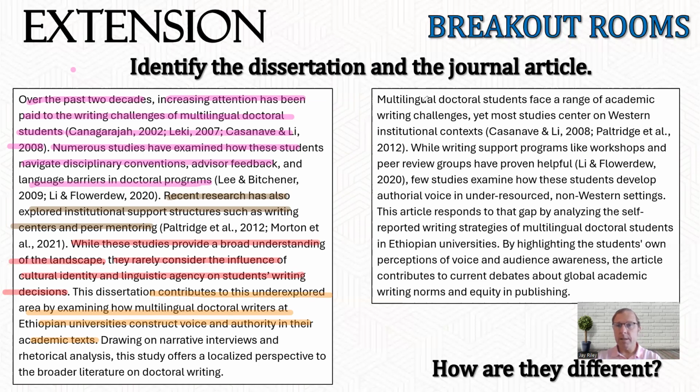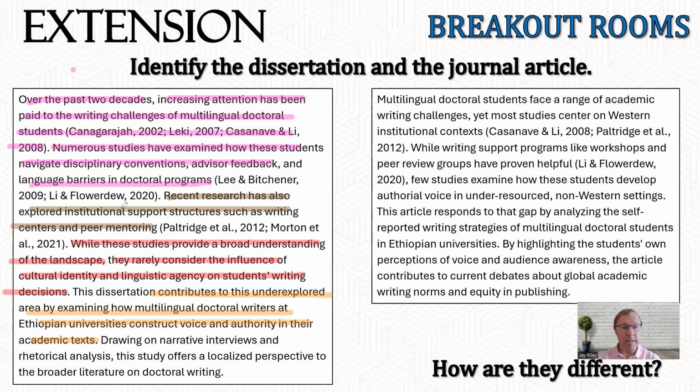So here the author says multilingual doctoral students face a range of academic challenges, yet most studies center on Western institutional contexts. So we can see here that they're establishing the territory for the study, and they're also creating a gap really in one sentence. So they're being very concise in their writing.